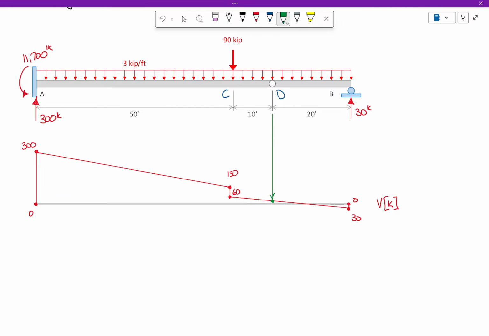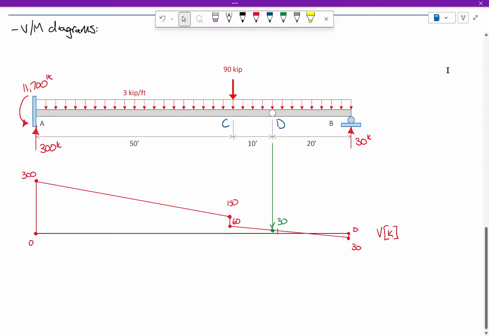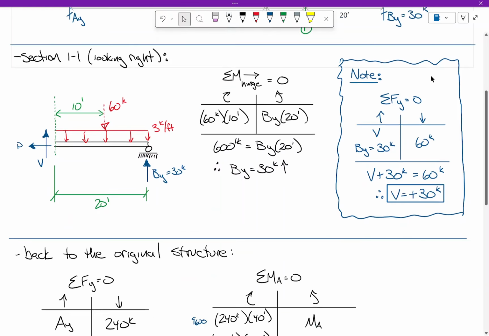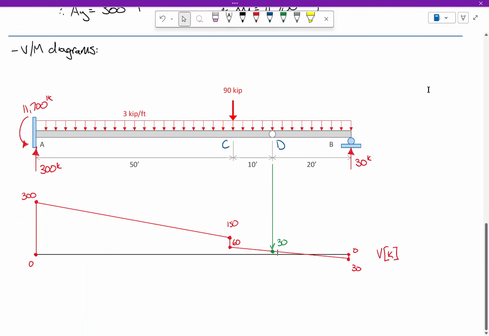You drop down 3 kips per foot for a distance of 10 feet to 30, so 60 minus 30 is 30. Why does that matter? That's what we got up at the top. Remember this? At the hinge, the shear was 30. Like I said, did we need it? No, we didn't need it, but did we use it? Oh yeah. We used it to verify our answer.